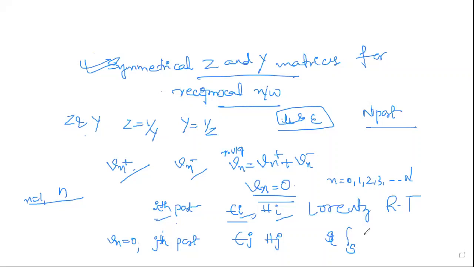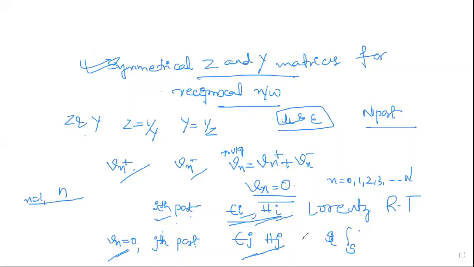So which are the non-zero planes you are taking here? One is Ei and Hi, and one more is Ej and Hj, because all other voltages across the ports are 0 except your ith port and jth port. You have to consider only the non-zero integral.